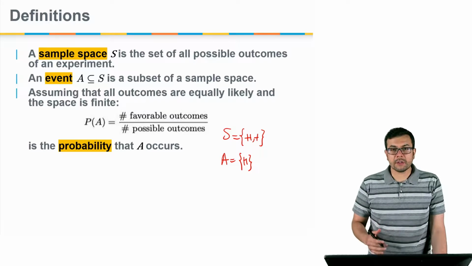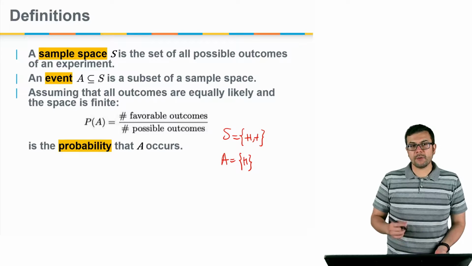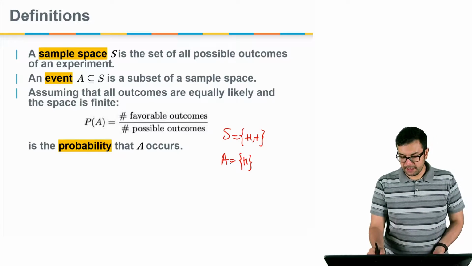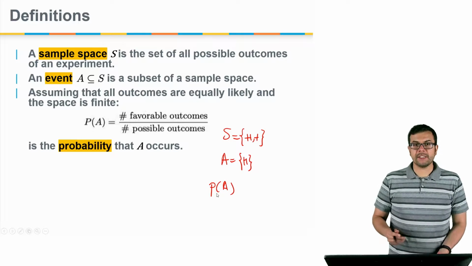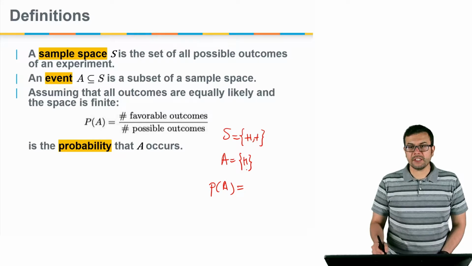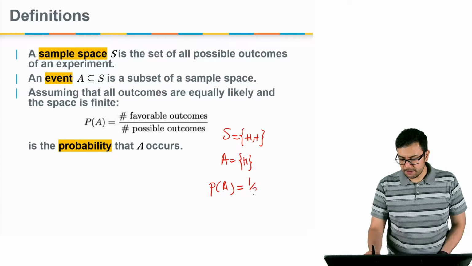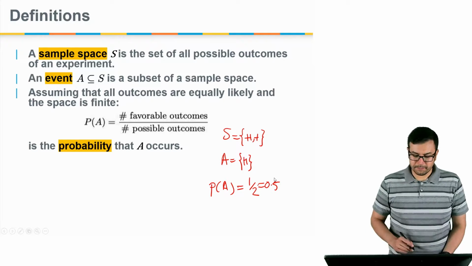Assuming that all outcomes are equally likely and the sample space is finite, the probability of the event, in this case the probability of heads happening, is the number of favorable outcomes over the number of possible outcomes, which is 1/2 or 0.5.